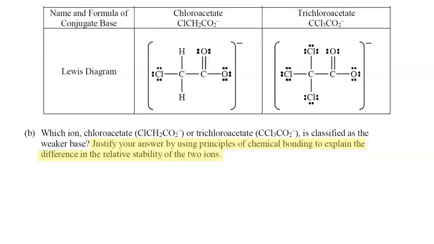We have to look at specific features of chemical bonding. And so you can see in this table, there's a side-by-side comparison of the Lewis diagram for chloroacetate on the left and trichloroacetate on the right. So the difference is going to be associated with the number of chlorine atoms in that structure.